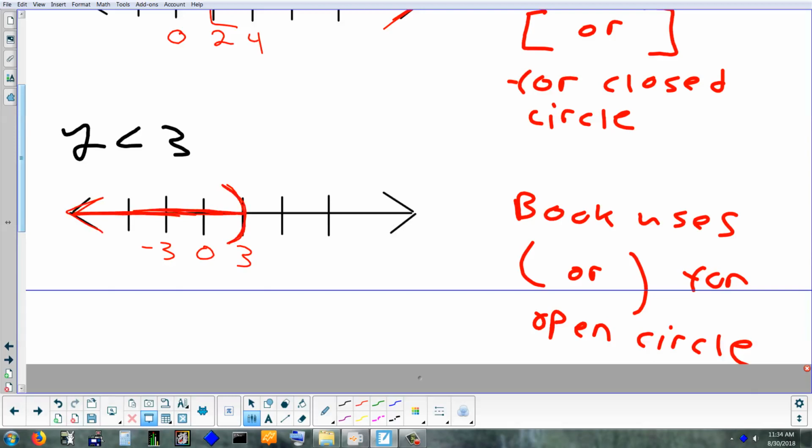Just a different way. I don't really care if the directions don't specify which symbols to use. I don't care which symbols you use, but don't mix symbols. Just stick with whatever bracket or parenthesis or the circles for whatever problems you're doing. Just stick with the same symbols.